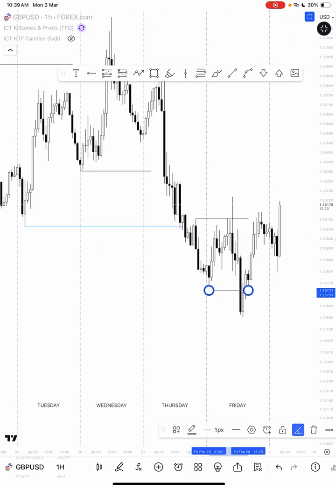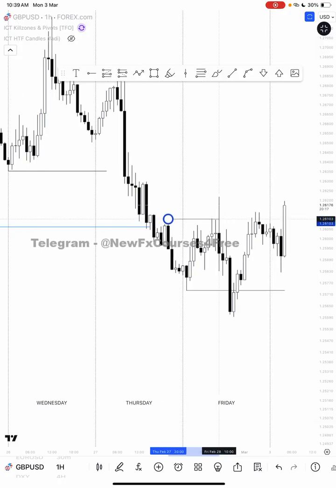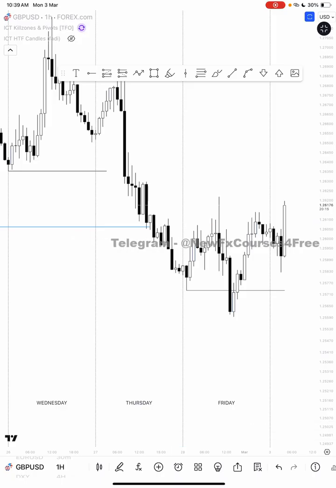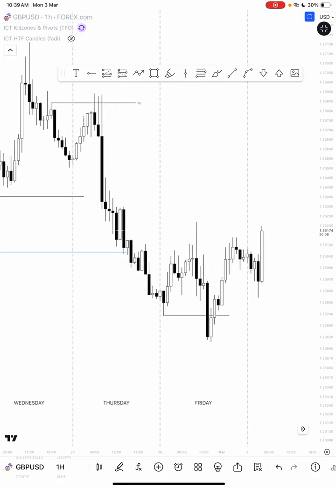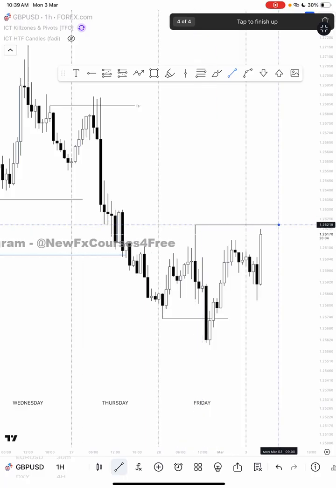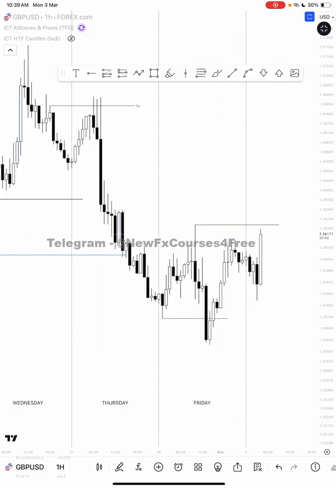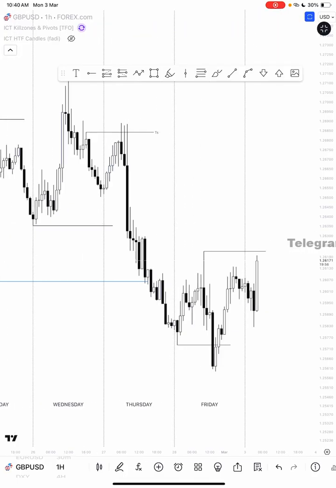So this might actually be the beginning of a new bullish order flow, because here we swept this low, but we haven't actually broken above this high. So this might be the beginning of a new bullish order flow or bullish trend to higher prices.